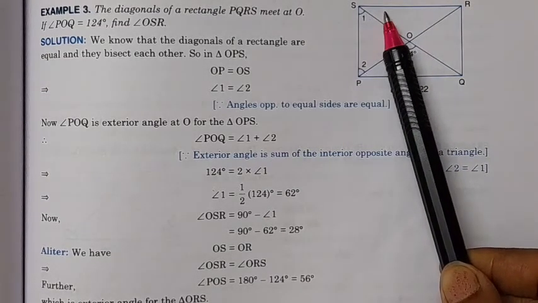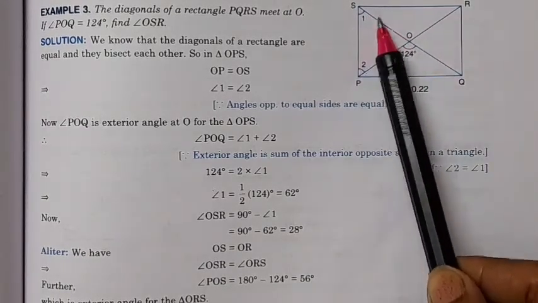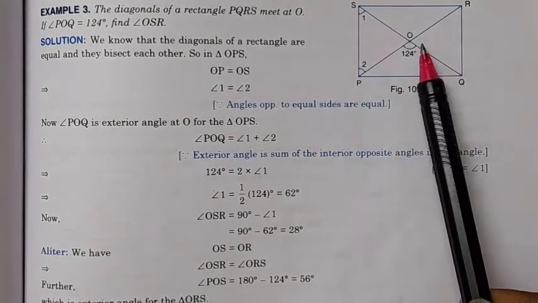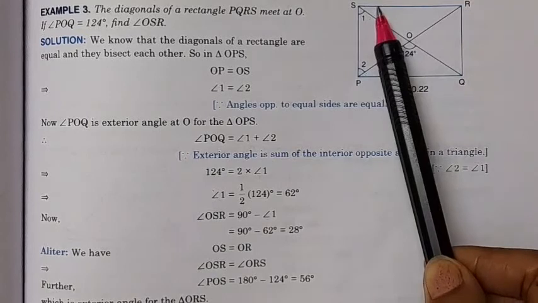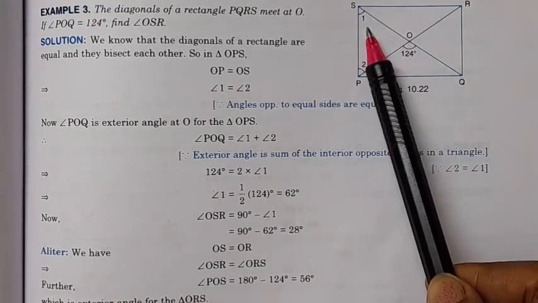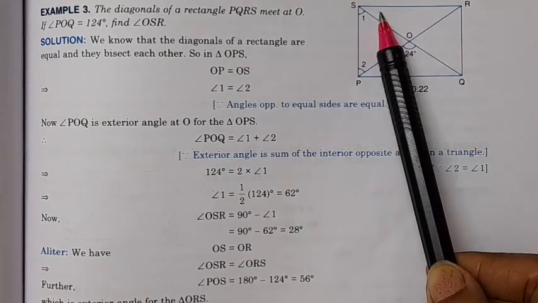Children, we know that in a rectangle all angles are 90 degree. So therefore angle OSR will be 90 minus 1. That is 90 minus 62. So that is equal to 28 degree. Clear?